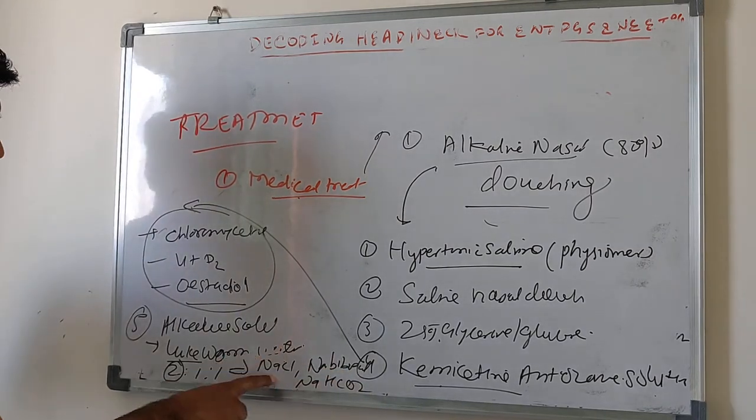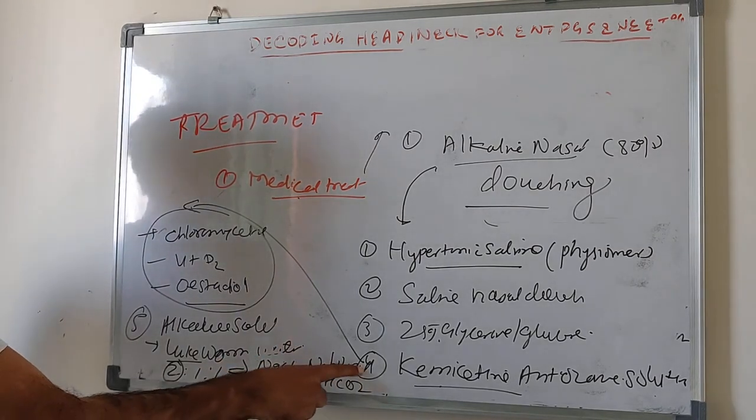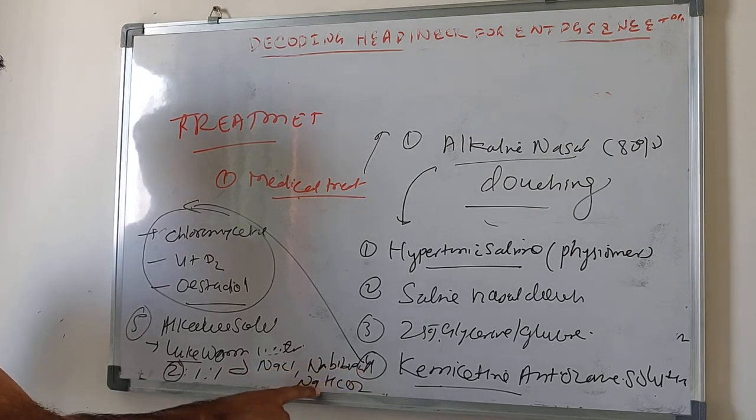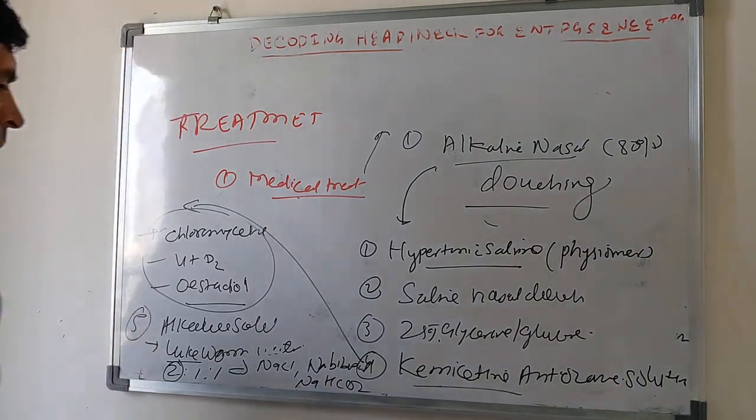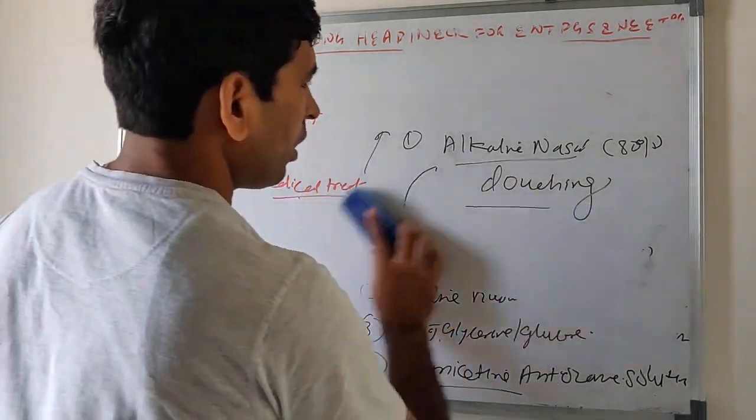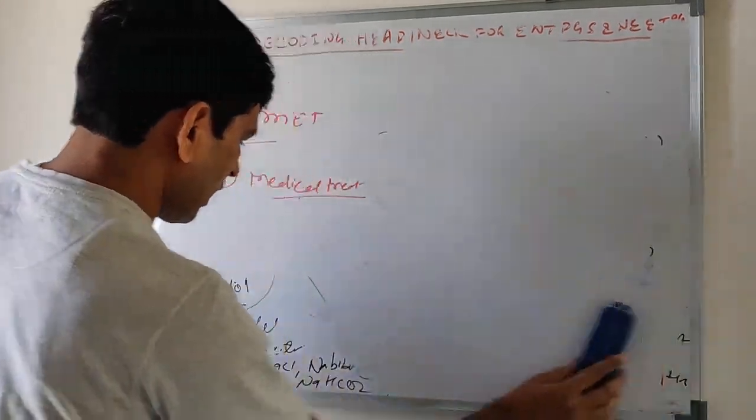This is an isotonic solution. Sodium bicarbonate acts as an antiseptic and as a crust removal solution. And now this is about alkaline measures.